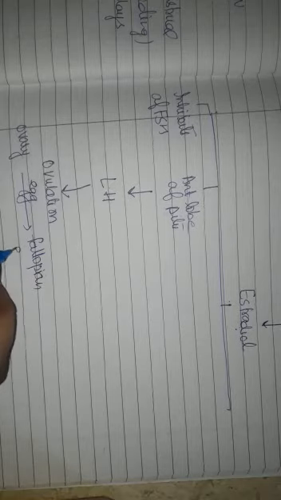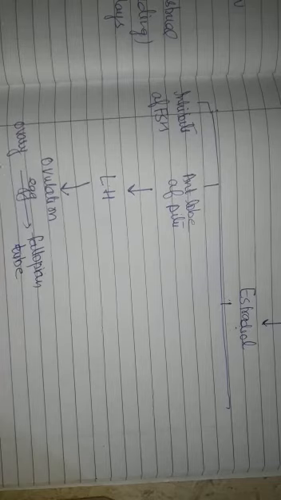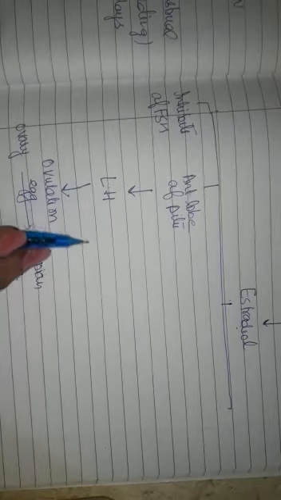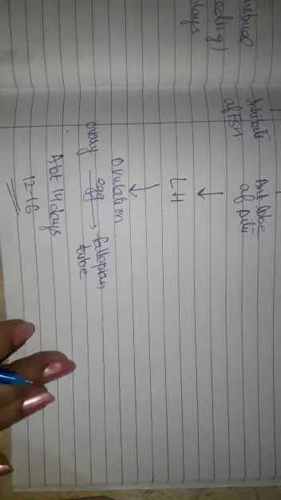Means release of egg from the ovary into the fallopian tube is induced by the luteinizing hormone, and this process occurs at about 14th day of the menstrual cycle, or it can be 12 to 16 days. But in a perfect or a regular periodic menstrual cycle, it is the 14th day.